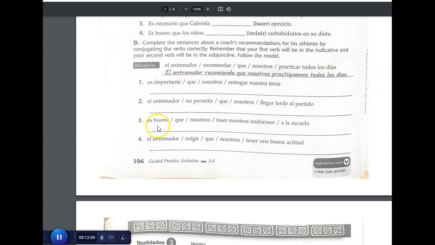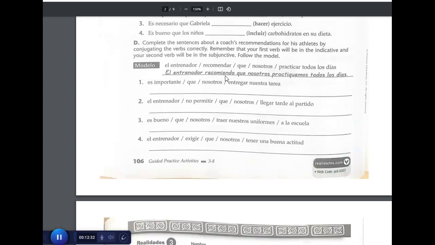So 1 and 3, you don't need to conjugate anything in the first clause because these are impersonal. 2 and 4, you do need to conjugate these verbs. And again, they're in the first clause, so they're going to be in the regular present tense, just like this example here.